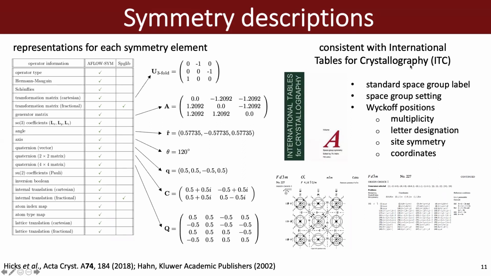We're also consistent with the crystallographic standard. So if you're familiar with the International Tables for Crystallography, we can determine the standard space group label, the space group setting, and the Wyckoff positions, which are site symmetries for particular sets of atoms. And so it relates the different atoms in your crystal that are related by symmetry.